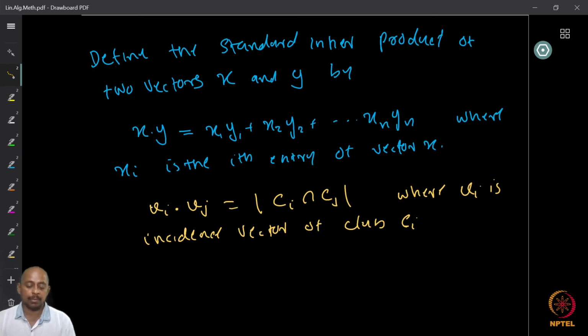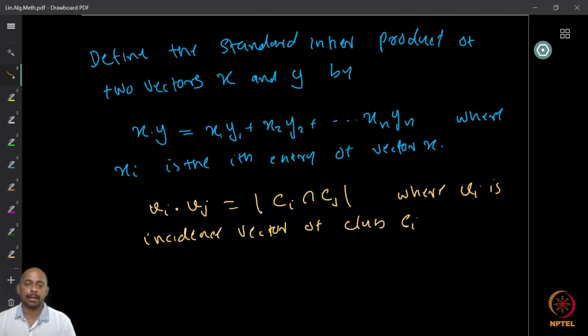Then we have the sum of all this. Because the elements of the vectors are from the field, x1 y1 is an operation over the field, and therefore I can add them up in the field. The addition with respect to the field holds. So the end product gives you an element from the field itself. So x and y are vectors, but x dot y is a scalar. The dot product or inner product gives you a scalar quantity.